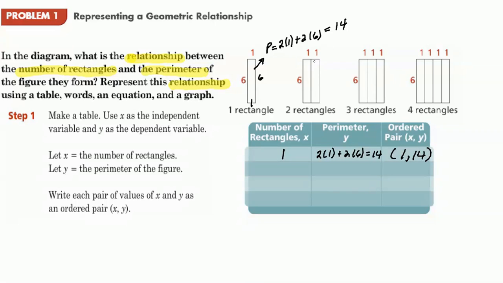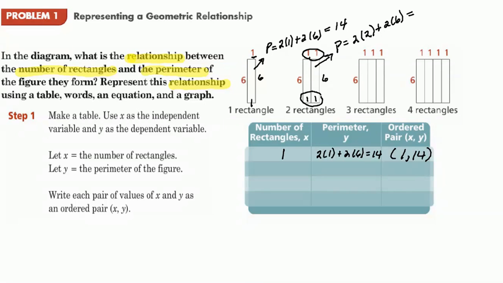Okay, we're going to do this again for the second one. For the second one, the perimeter is going to be 2 times, well, now let's look at this length again. Now it's no longer 1, so it's going to be 2 times 2, because it's now 2 of these, the top one and the bottom one. So that's 2 here and 2 here, so it's 2 times 2 plus 2 times the widths, which are 2 times 6.